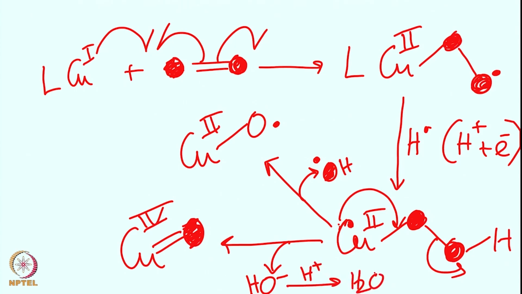So, that is putative, but of course no direct evidence exists for this. Now, this Cu(II)O dot is nothing but your Cu(III)O, this is the cupryl. These people believe that it is one of the important intermediates in the whole process, right.